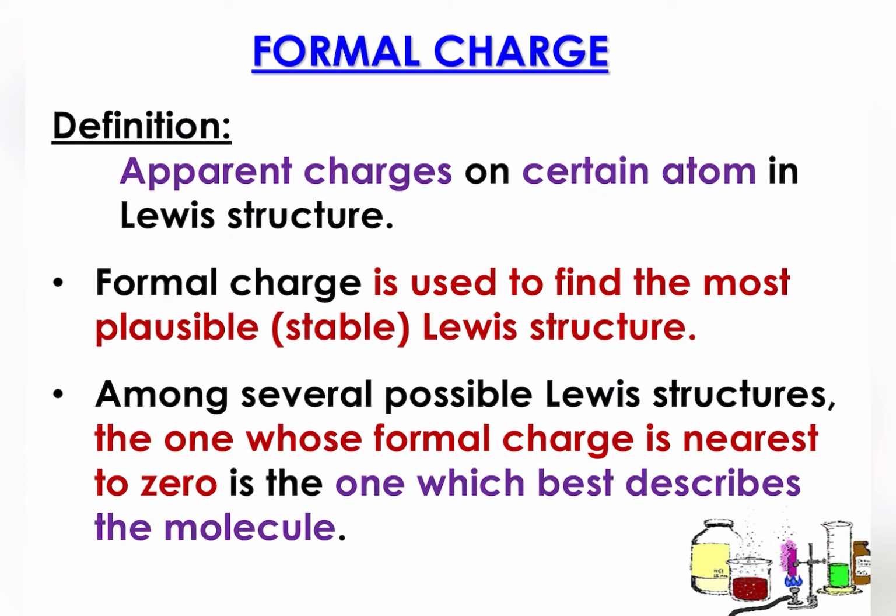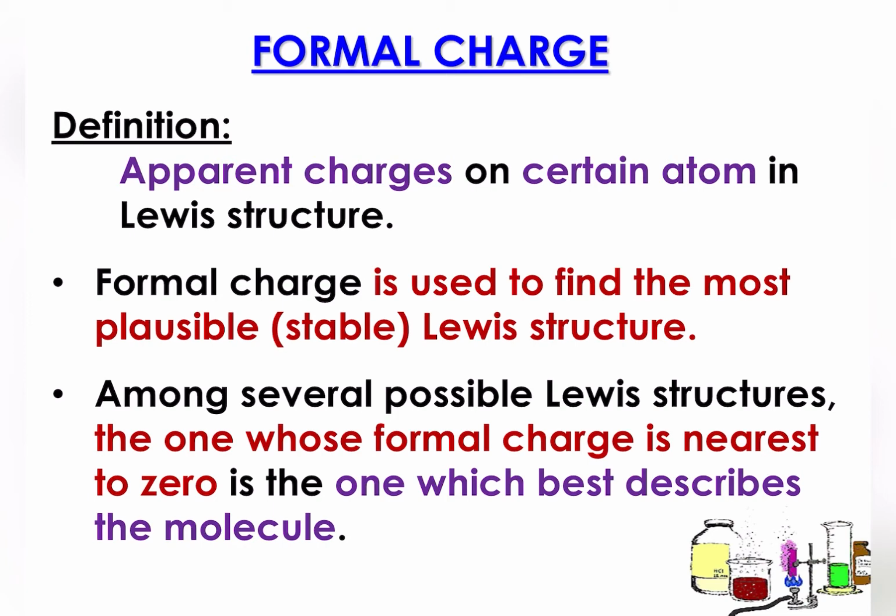So it is very important for you to know how to draw the Lewis structure. Formal charge is usually used to find the most plausible Lewis structure. The synonym for plausible is stable. Sometimes you are given a molecule that can make up several possible Lewis structures.